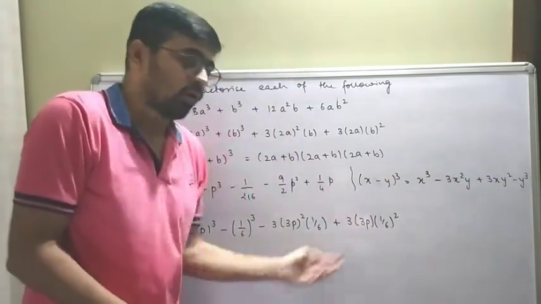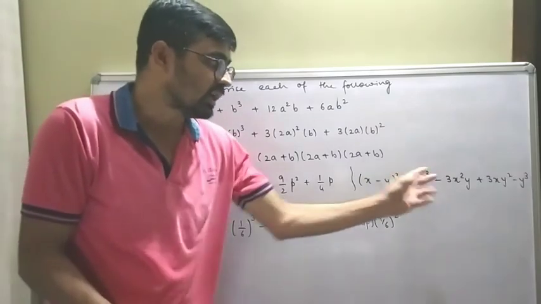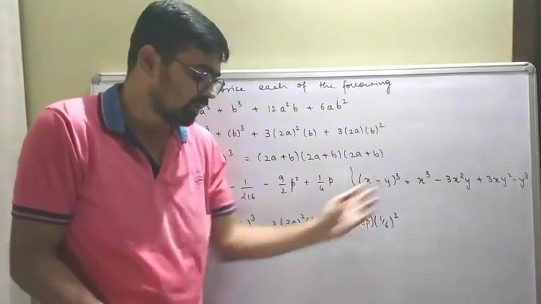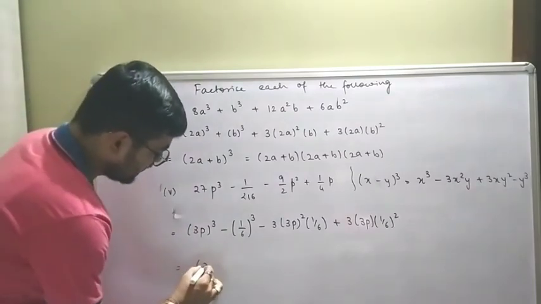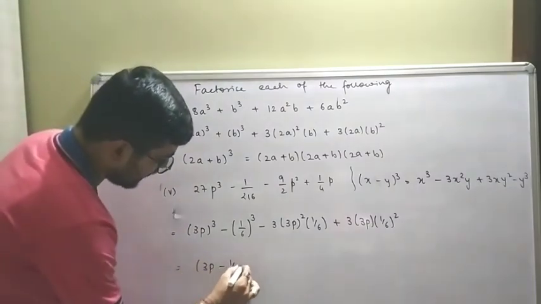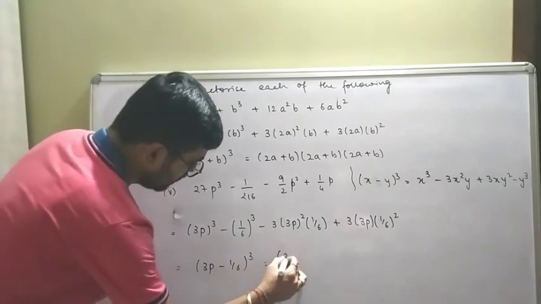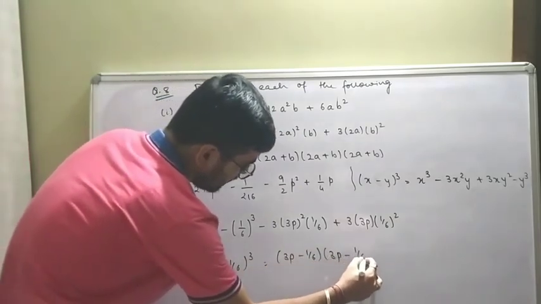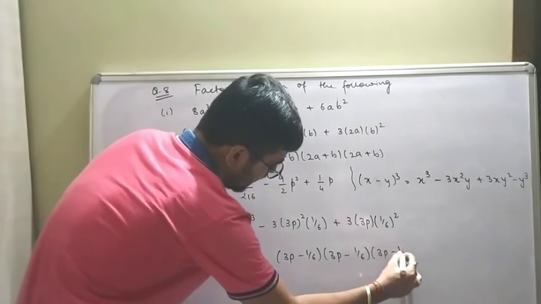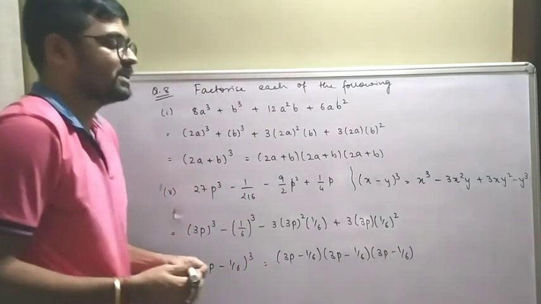Simple. But I am not calculating orally. I am just thinking of the algebraic identities and putting in the values. So this will basically become 3p minus 1 by 6 whole cube. So it will be 3p minus 1 by 6, 3p minus 1 by 6 and 3p minus 1 by 6.